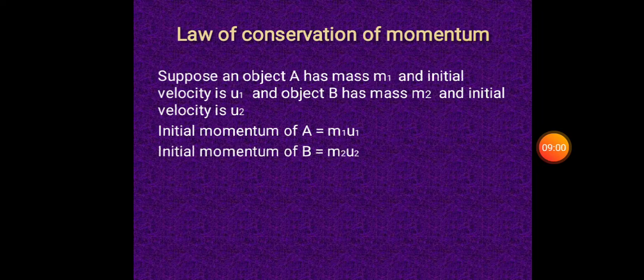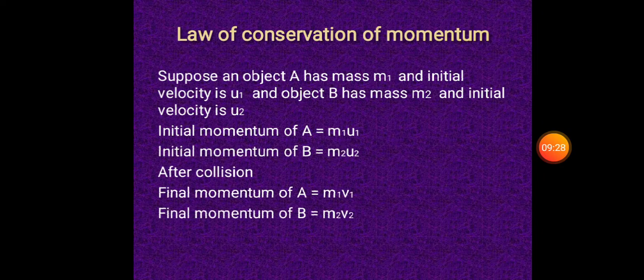Suppose these two objects collide. Let the force on object A due to B be F1. After the collision, this force will cause acceleration in object A and its velocity will become v1.